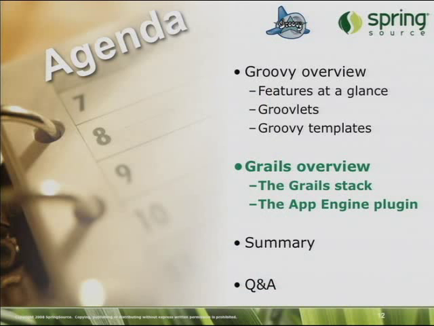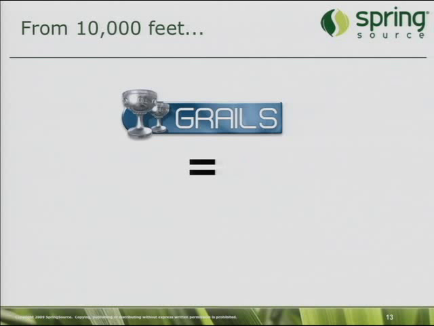So we worked with the Google App Engine Java team to make Groovy a first-class citizen in terms of language supported on App Engine Java. But we also worked pretty recently on the support of Grails, the web application framework, which is a simple equation.